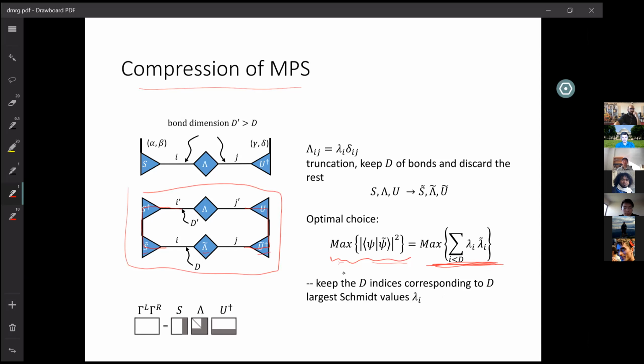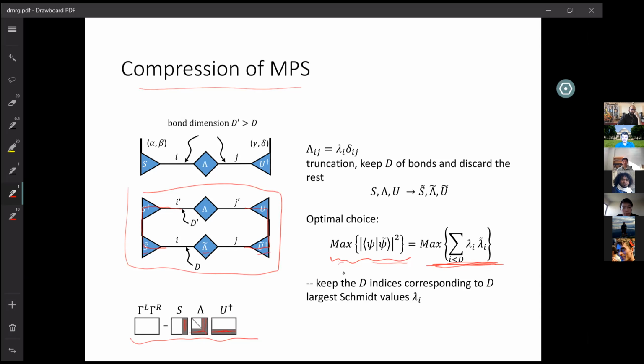This is the best way to go. The truncation is done in the following way. Here, basically, I'm discarding the small diagonal elements and also the corresponding row and column vectors, and keeping the most important eigenvectors and eigenvalues.